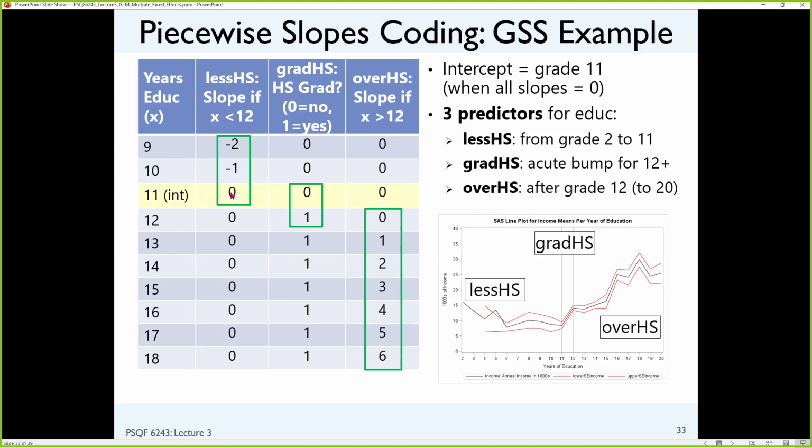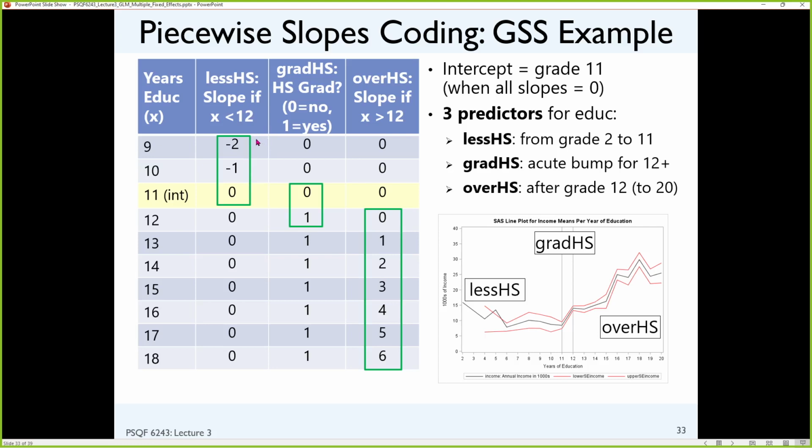So with this defined as what 0 means, I have to go negative. 9th grade is 2 less than 11th. And if I had 8th grade in here, what would I have the value be? -3, exactly. So you're defining what 0 means, and everything is relative to that.